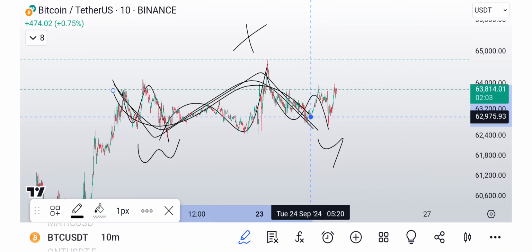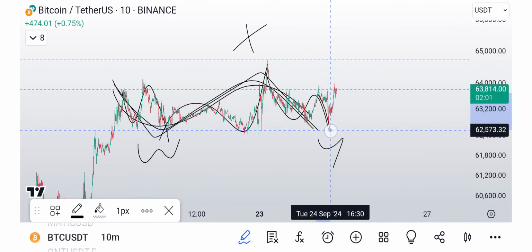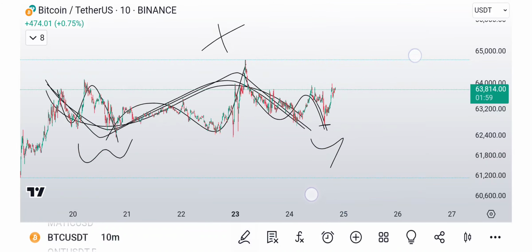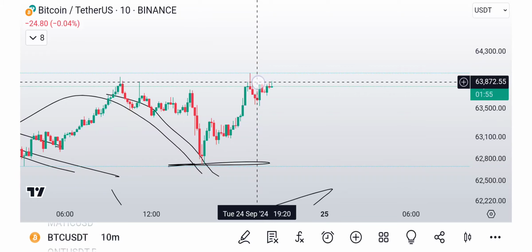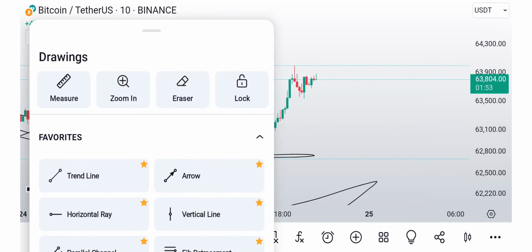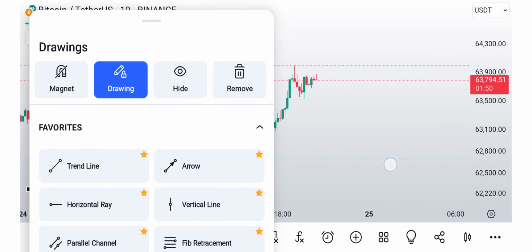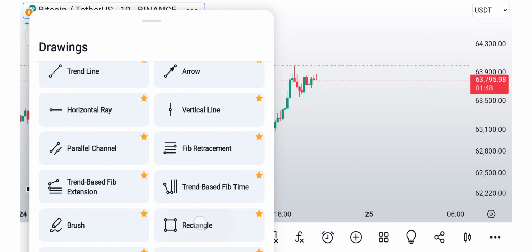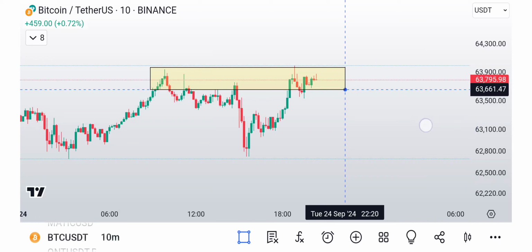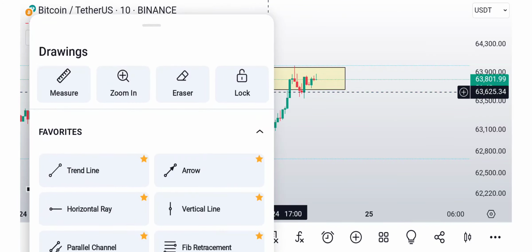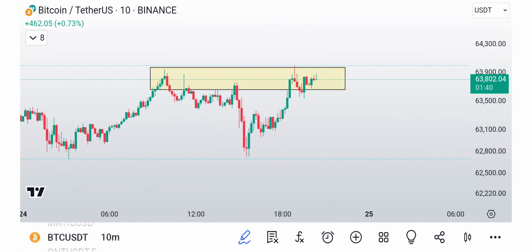So if it is a running flat and we ended here, then what's going on right now? Well, right now you can see we sort of impulsed back to the upside, right? You can kind of see we're back at resistance here. But we're definitely struggling, so it's definitely not a confirmation of any sort. But what we could see here, if this is an impulse, we got a 1, 2, 3, 4.